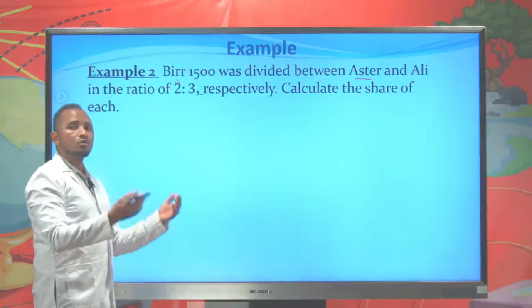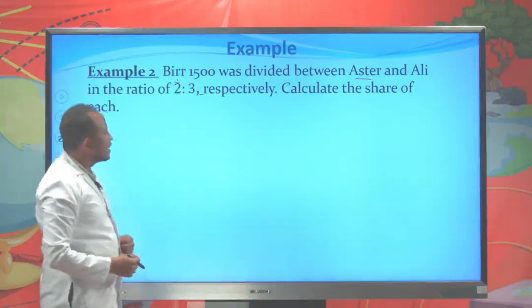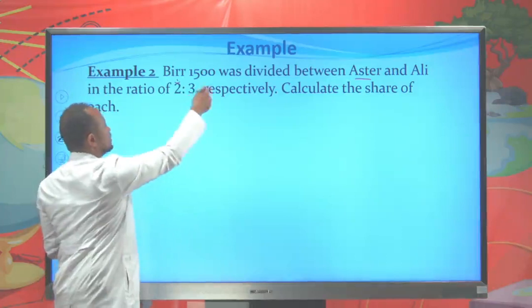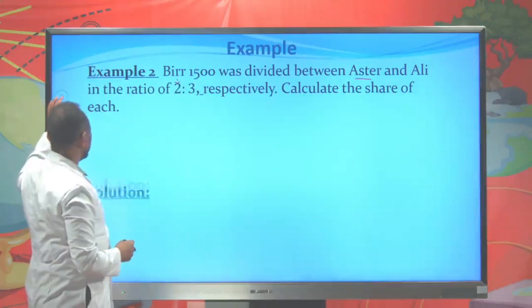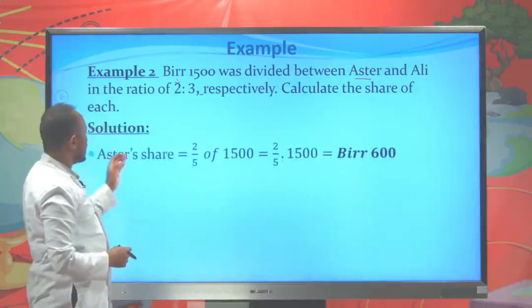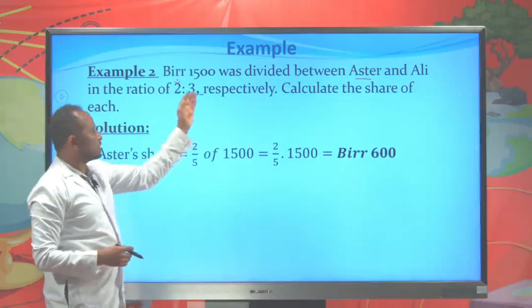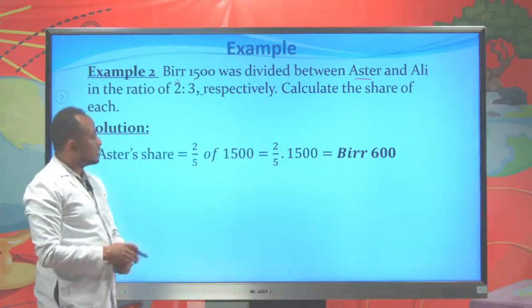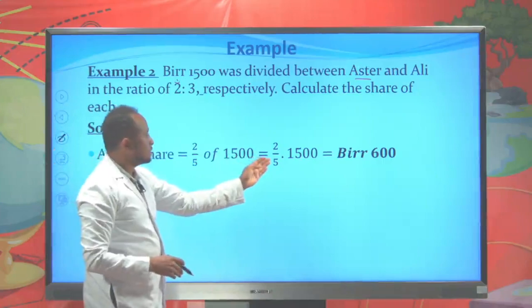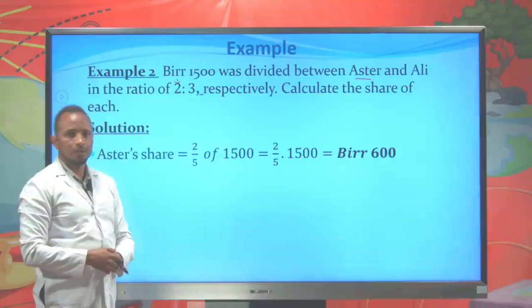Aster will share 2 fifths of the total amount of money, and Ali shares 3 fifths of the total amount of money. Aster's share is 2 fifths of 1,500 birr. When you multiply this, you get 600. Therefore, Aster's share is birr 600.